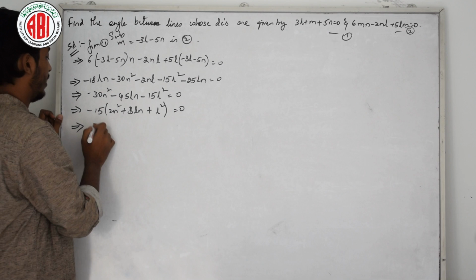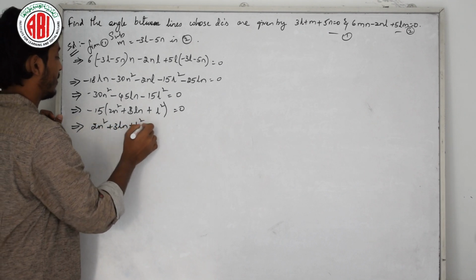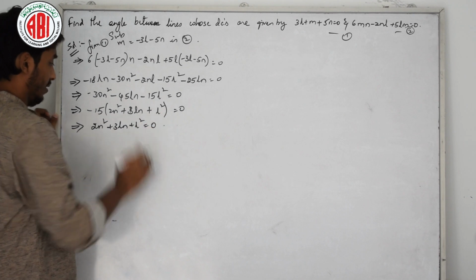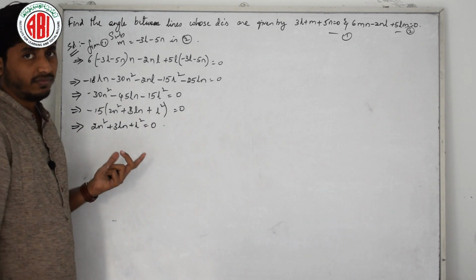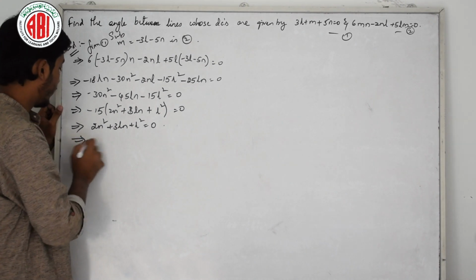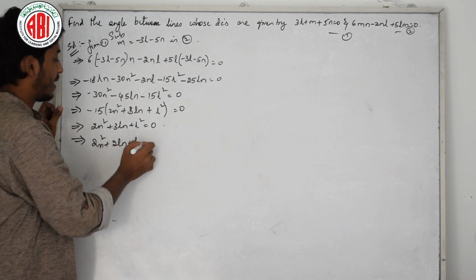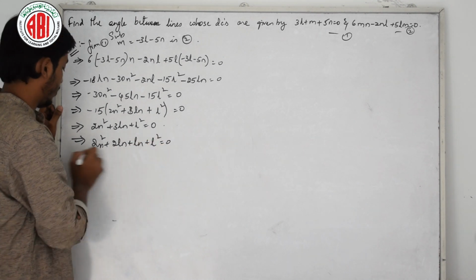Now let us write this: 2n square plus 3ln plus l square equal to 0. Can we factorize it? We can write 3ln as 2ln plus ln. So 2n square plus 2ln plus ln plus l square is equal to 0.